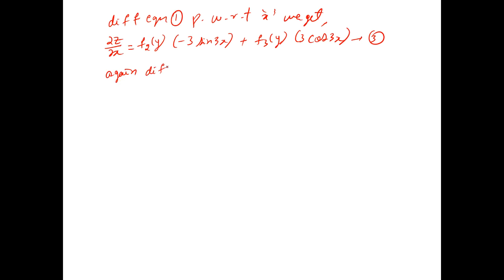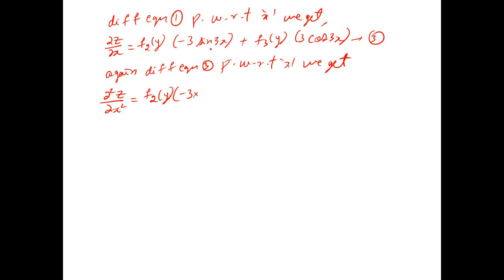Again I will differentiate equation 3 partially with respect to x. What do we get, friends? It is dou square z upon dou x square is equal to, again you can see f2y is constant, no change, minus 3 as it is, into sine 3x.